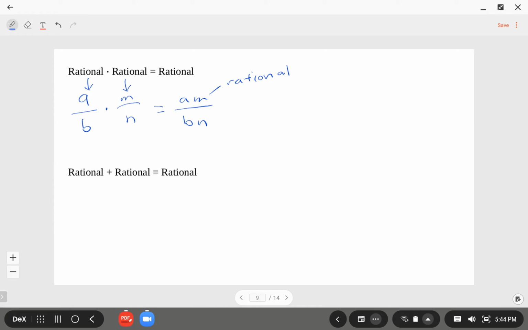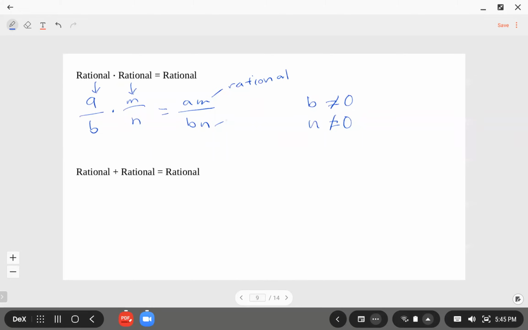Let's say b and n do not equal 0, and they are also integers. And then what do we get? Rational over rational, and we get another rational number.